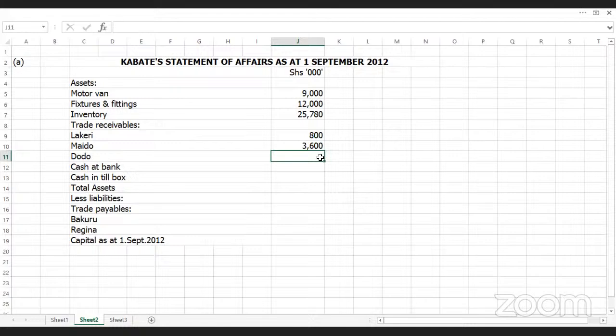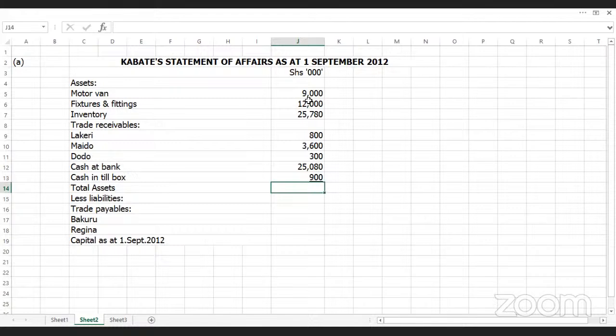Sorry, there is also Dodo. Dodo is 300. Then cash at bank, 25,080. Then cash in the toolbox, 900.